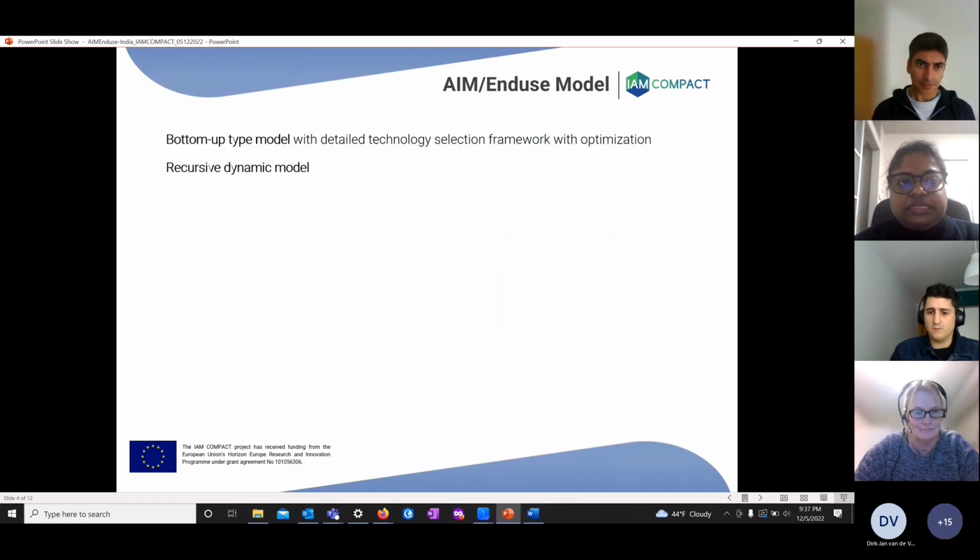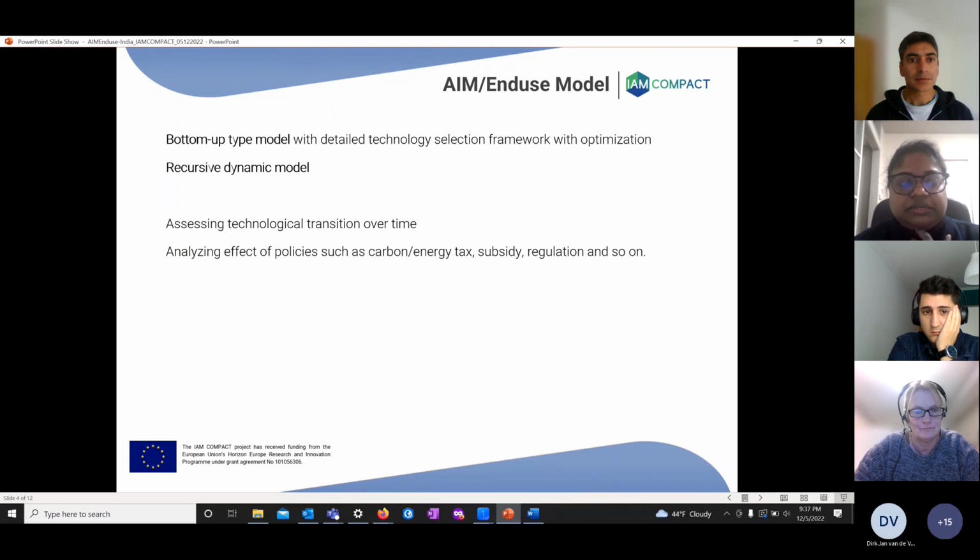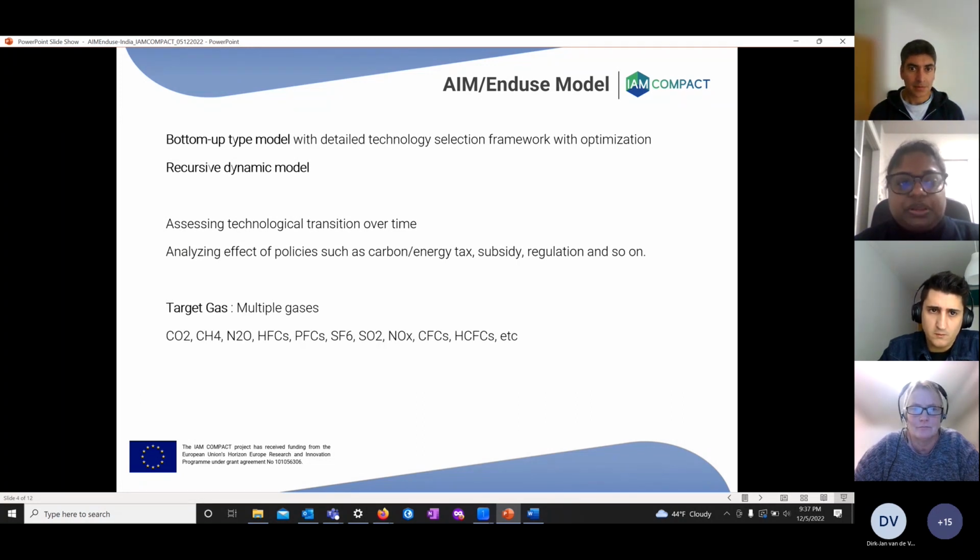So it is a bottom-up model with detailed technology selections, recursive dynamic. It assesses the technology transitions over time, analyzing the effect of policies of carbon, energy tax, subsidy, regulation, and so on.